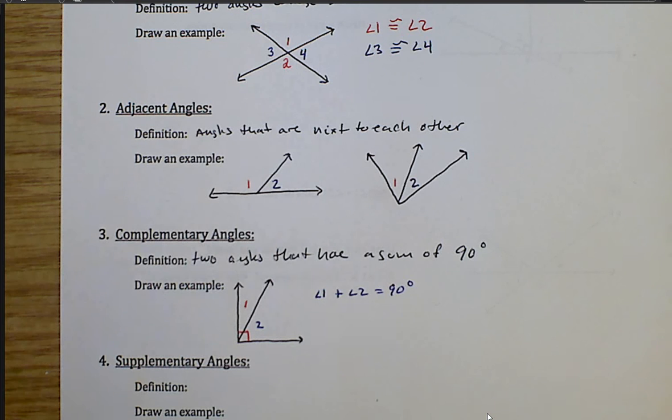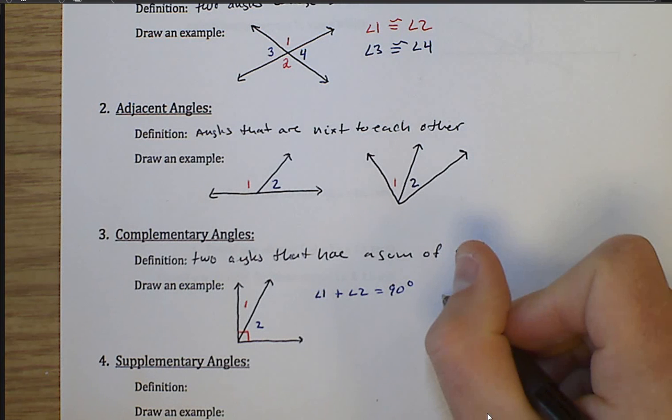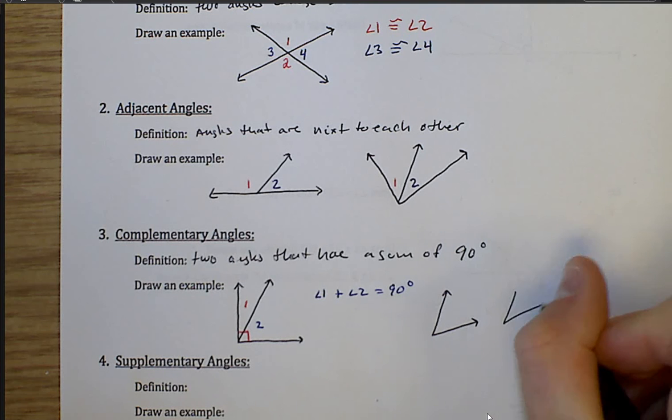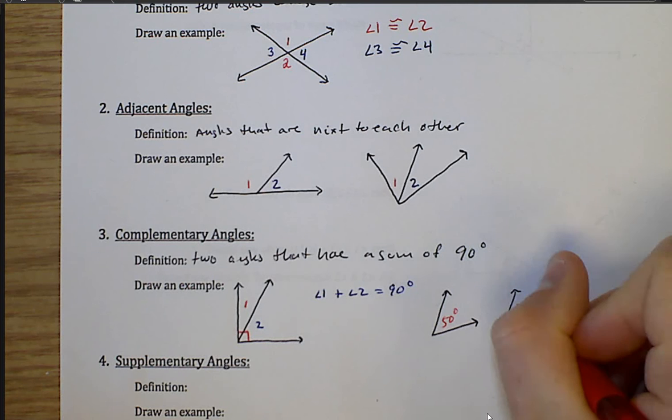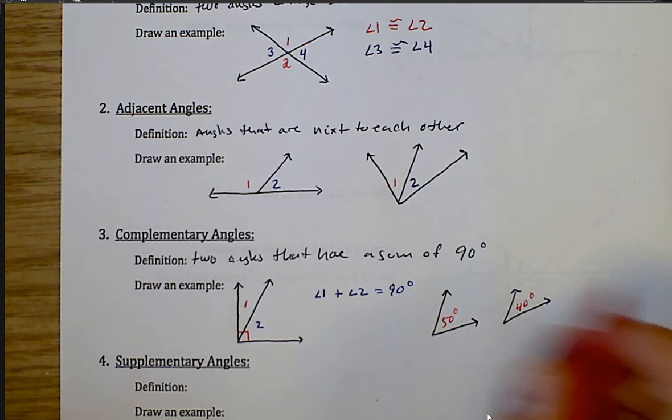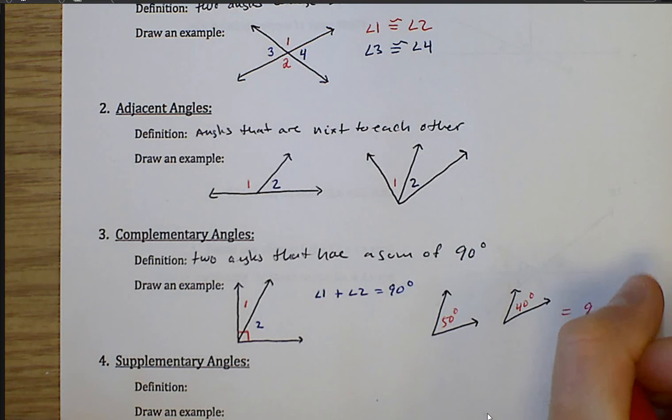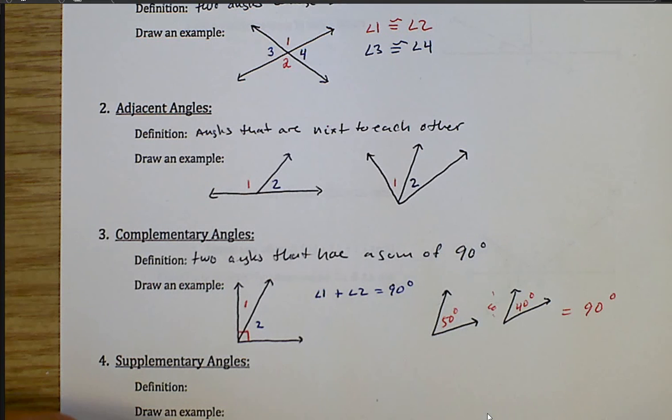However, you could also have another example like this. I'll just do this one real quick. Let's say that this is 50 degrees here, and this is 40 degrees here. I could say that these two, obviously if you add them together, they equal 90 degrees. So they don't have to be on one diagram. Complementary, by definition, is just two angles that add up to 90.